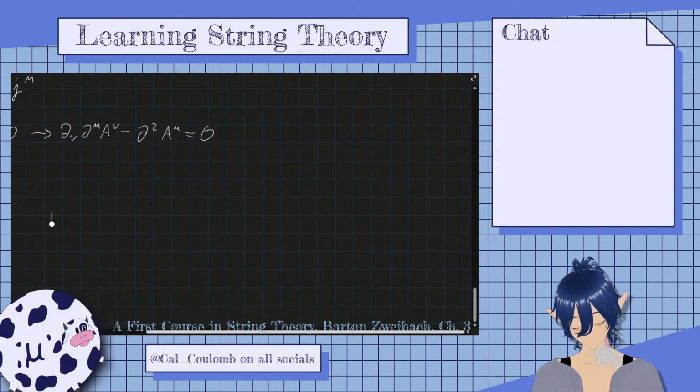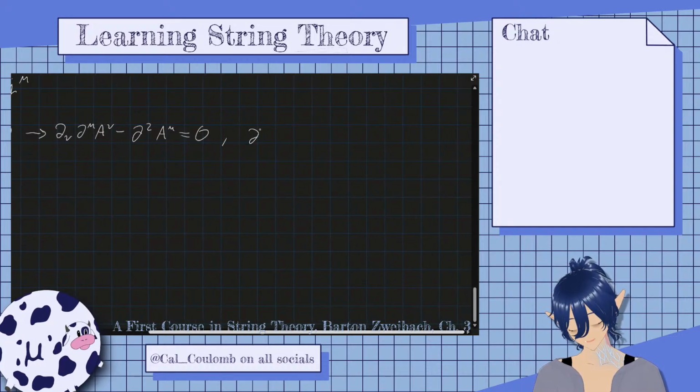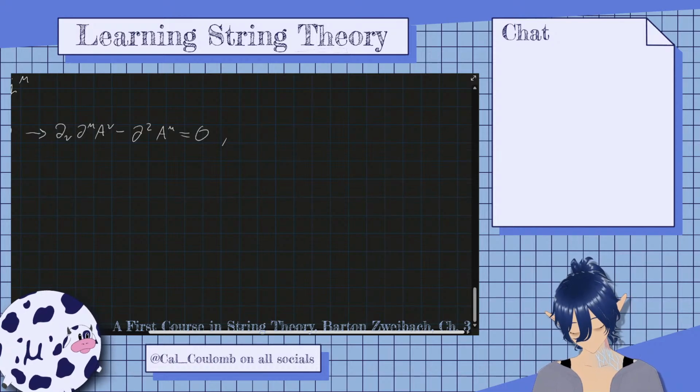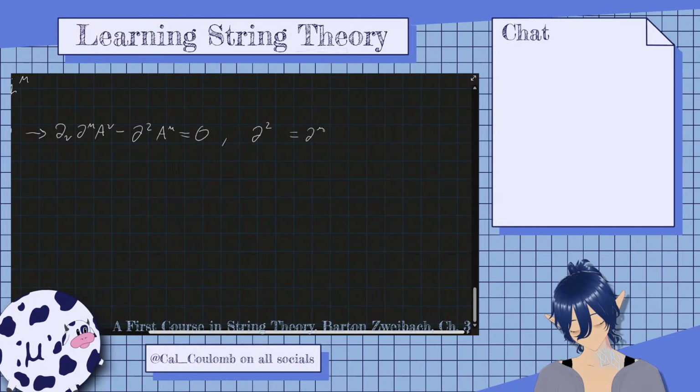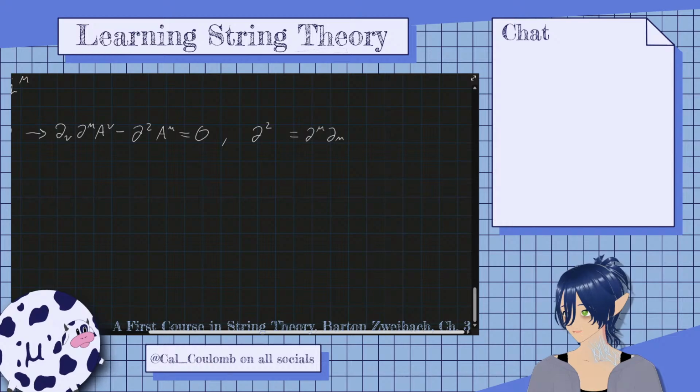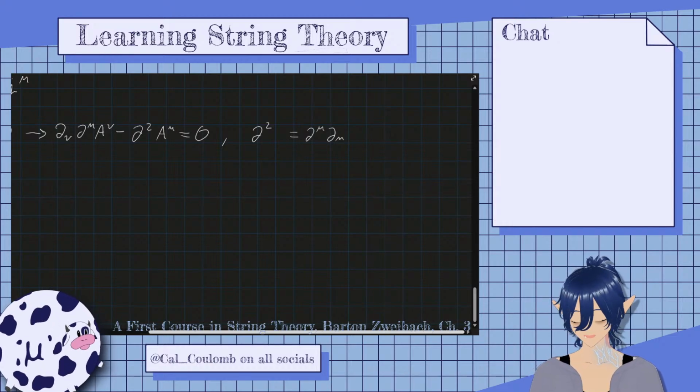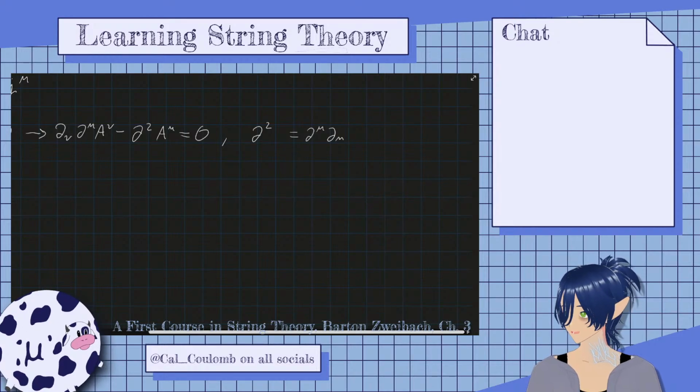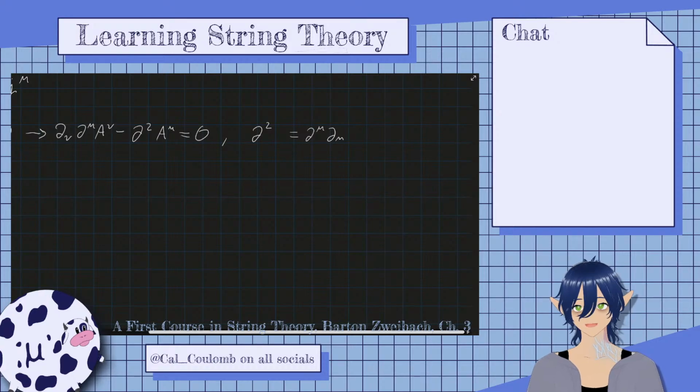So the textbook says ∂² is equal to ∂_μ ∂^μ, but this isn't proper notation in my opinion, because these are operators, and so they have to act on something for you to include them in an equality.